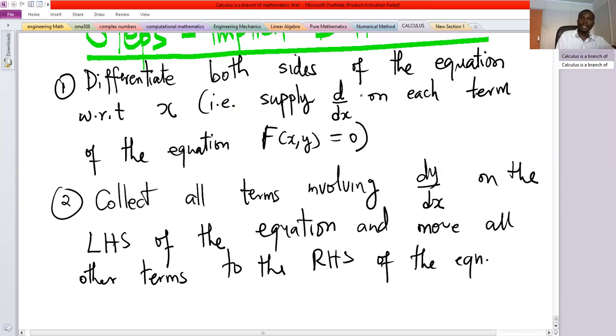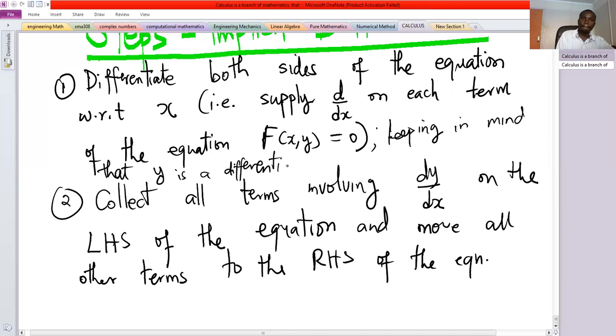So in the first step you differentiate both sides of the equation with respect to x, keeping in mind that y is a differentiable function of x. So whenever you have a y in any of the terms, you attach to that derivative dy dx, because y is assumed to be a differentiable function of x.